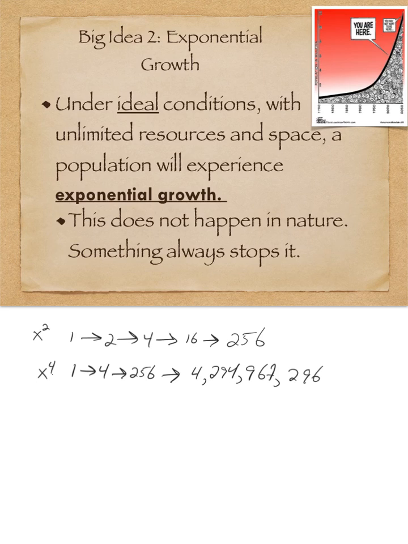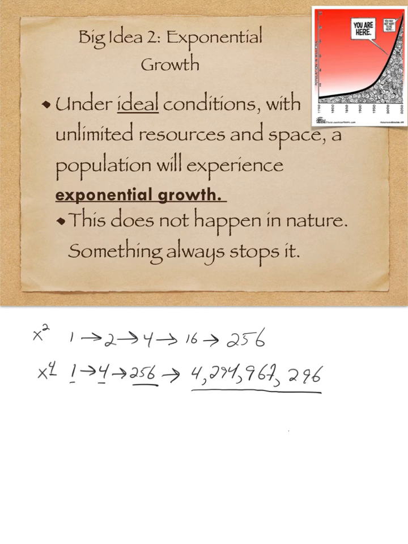So if the exponent were 4, then you'd have 1 going to 4, going to 256, going to 4,294,967,296. So you can see that would be a very quick and speedy increase in the graph. So what you would see then is what we call an exponential curve.